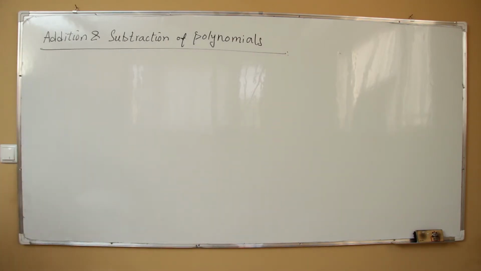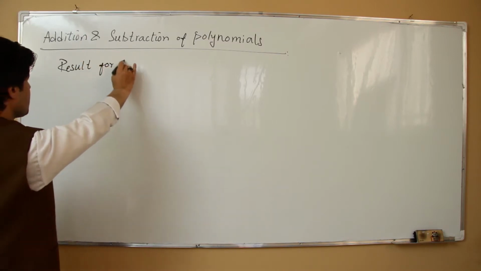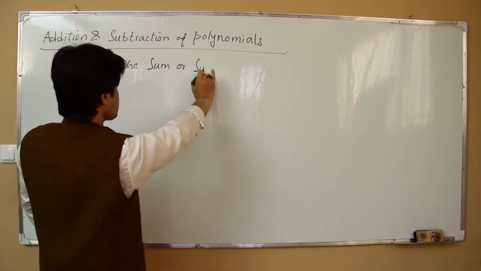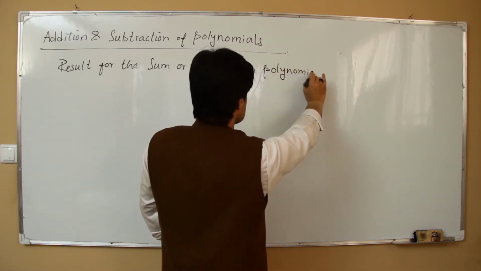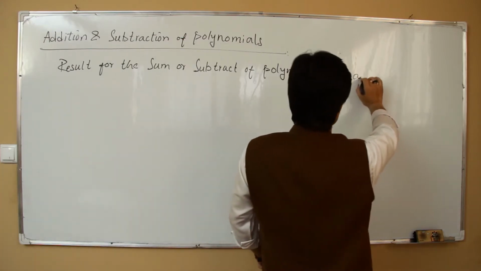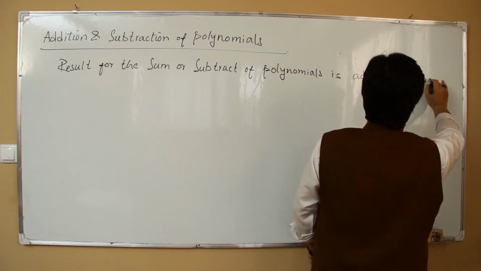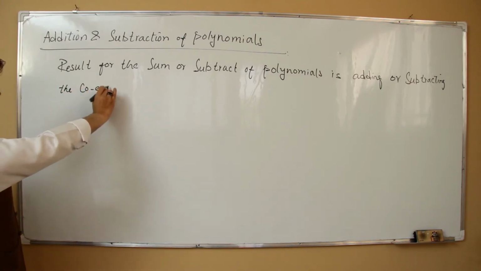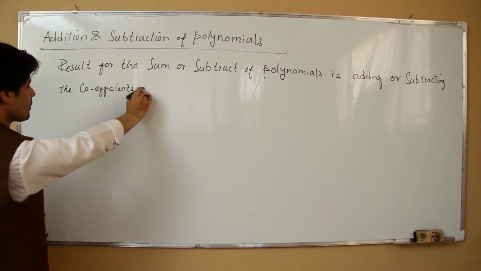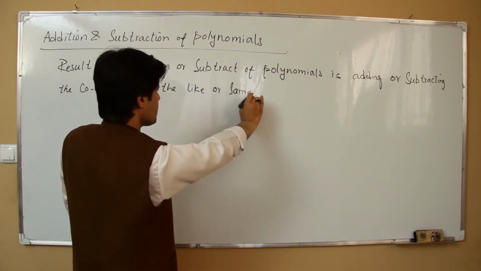Whenever you want to find the addition and subtraction result of polynomials, the result for the sum or subtraction of polynomials is adding or subtracting the coefficients of the like or same terms.